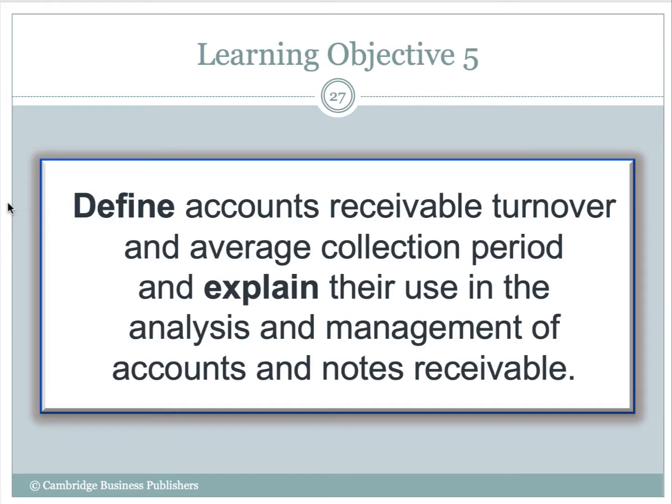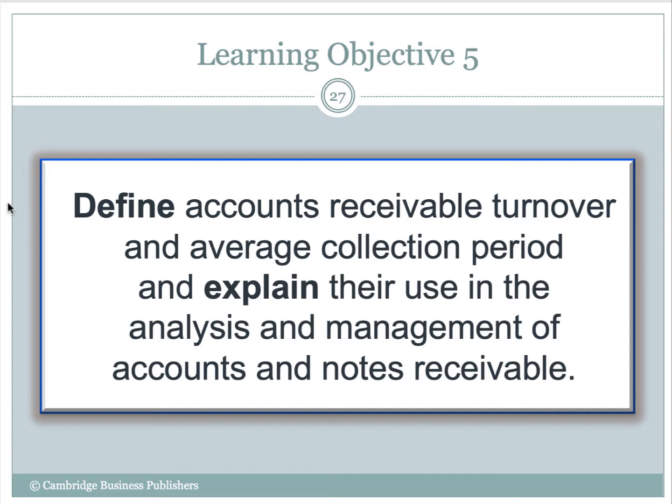Okay, so now we have to look at accounts receivable turnover and the average collection period. Why do we use these? What are they important for? Well, they are very similar to what we learned last week looking at inventory turnover and days sales in inventory.